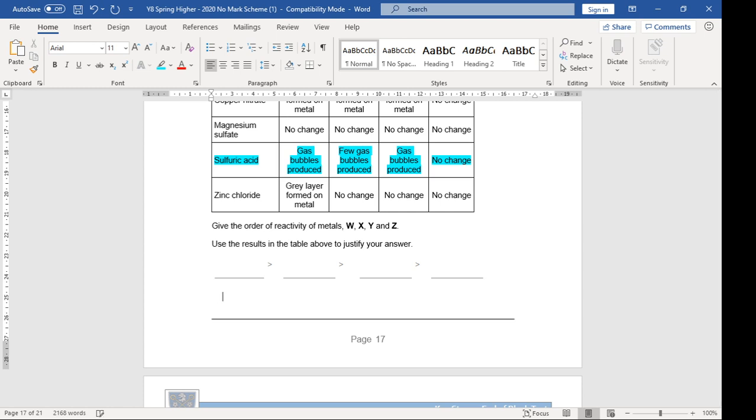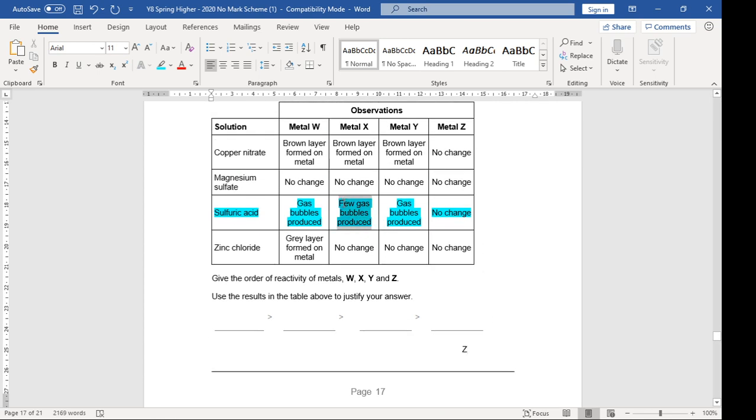Z. X is quite unreactive because we're only getting a few bubbles of gas. So we can put that there. And then we've got two where we can't distinguish, Y and W. If we look at other ones as well, we're not getting any change there, so it's really hard to distinguish between them.